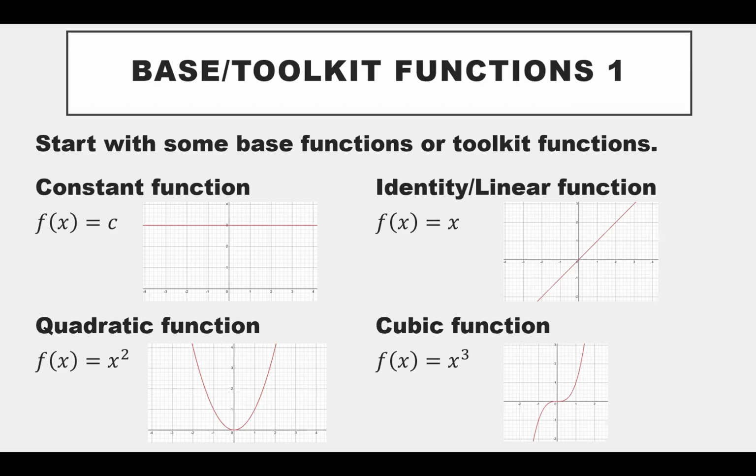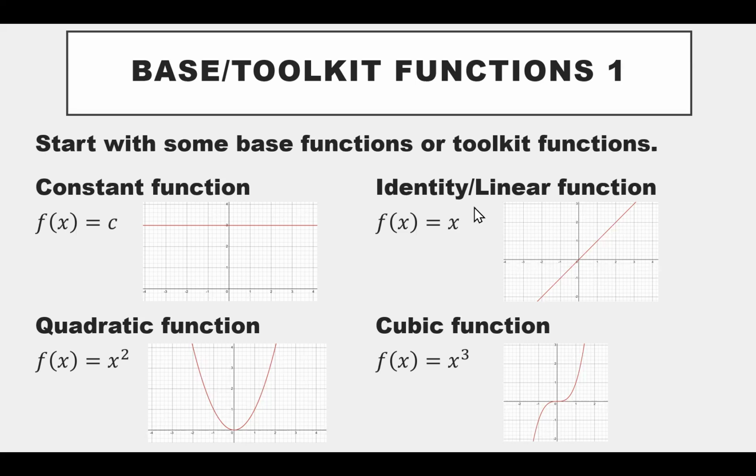For instance, if c was equal to 3, we would get the graph of this. So these constant functions correspond to horizontal lines, because all output values, all y values, are going to be the same number c.